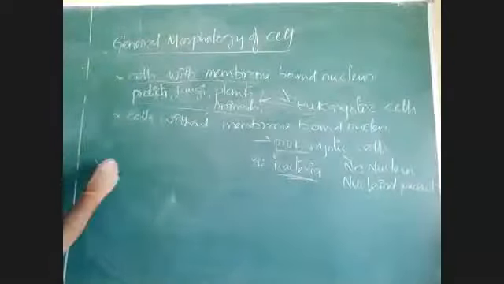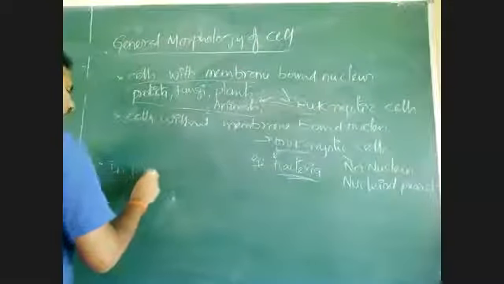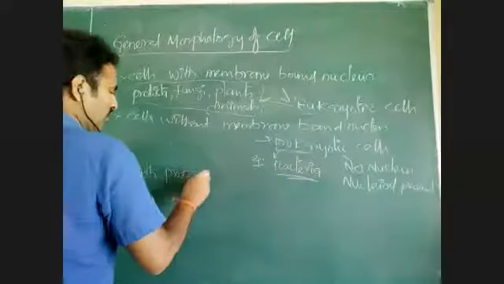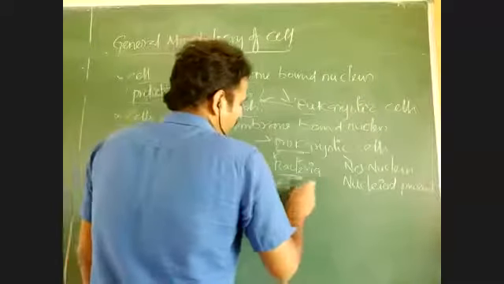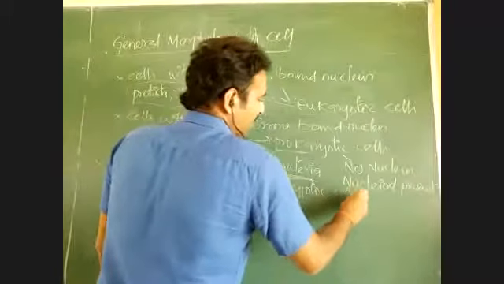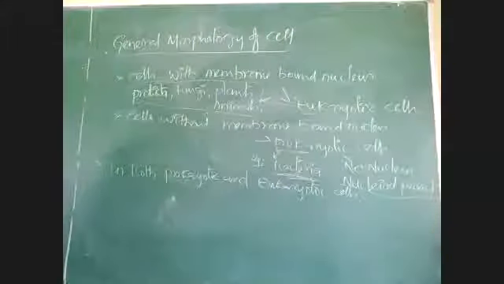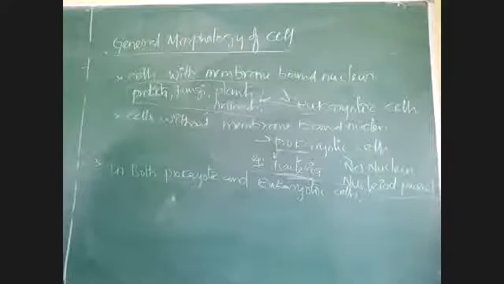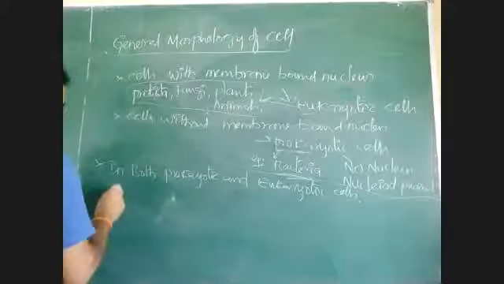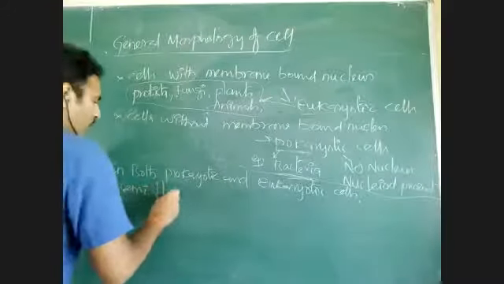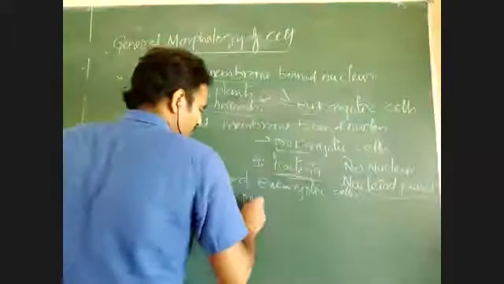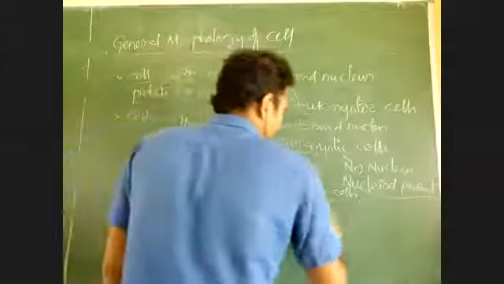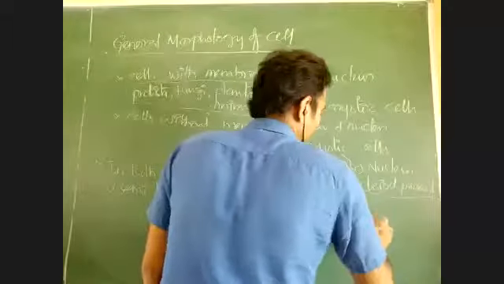And in both prokaryotic and eukaryotic cells, there is the presence of a semi-fluid matrix. That semi-fluid matrix is called cytoplasm.